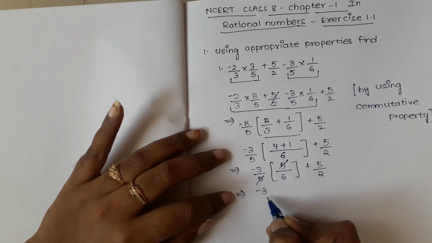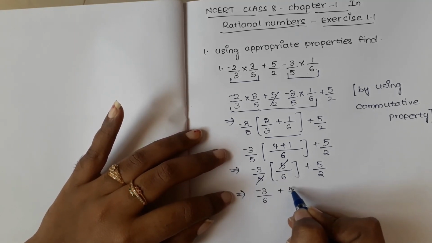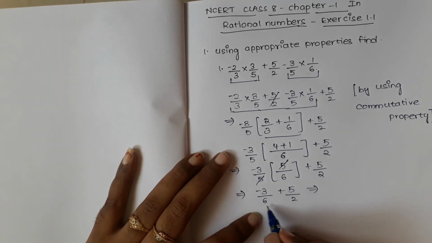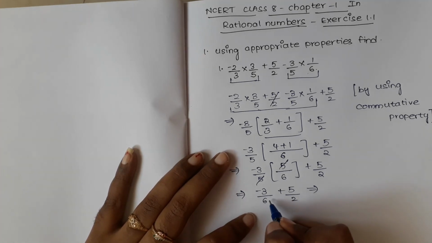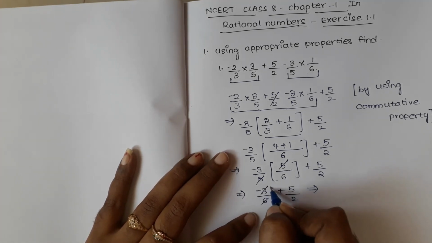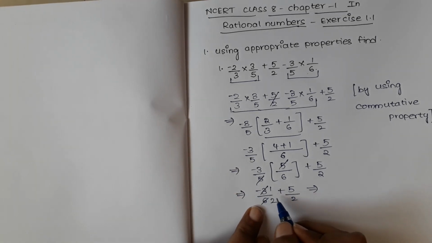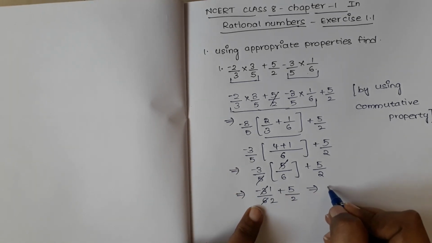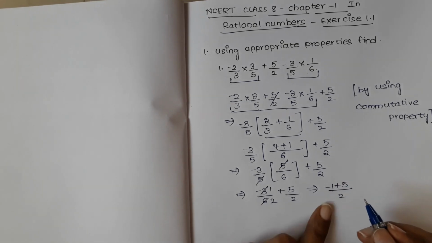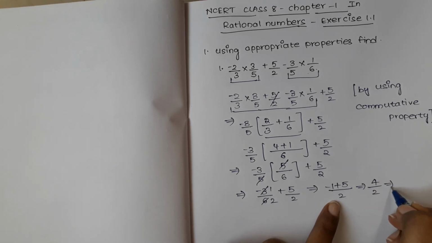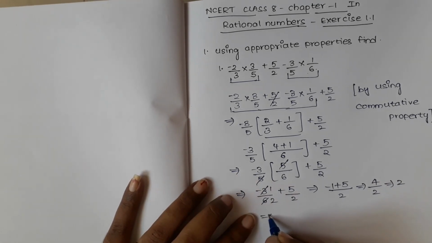From this, minus 3 by 6 plus 5 by 2. Both should be cancelled and these should be added. From this, minus 1 plus 5 by 2, that is 4 by 2, that is 2. Finally, the answer is 2.